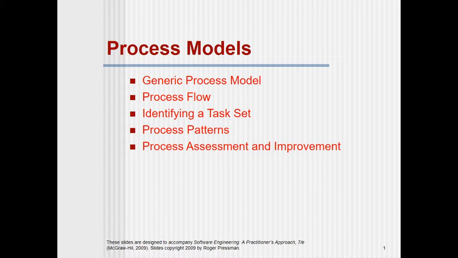What is a process, and what is the general framework of a process? We also discussed the various activities that participate in a process, and the various umbrella activities that participate throughout the project and development of software.